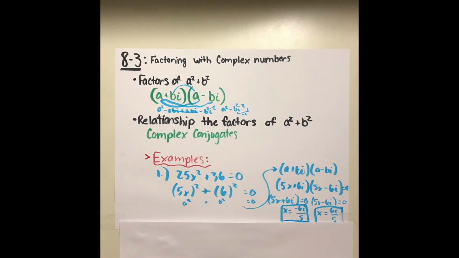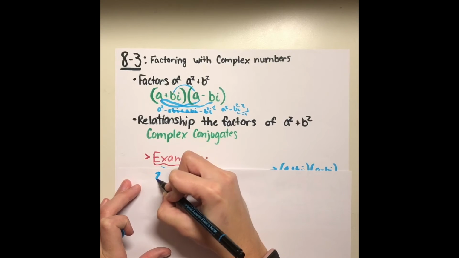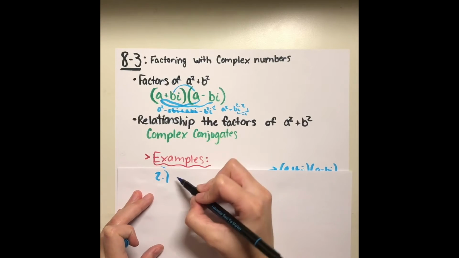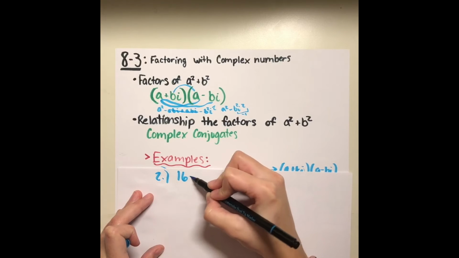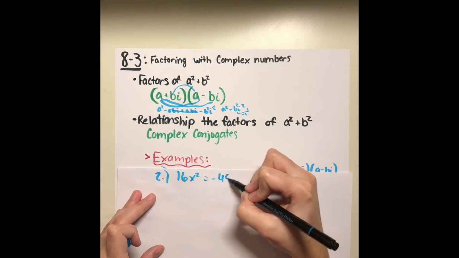Just another example I can give you. This one, it's simple, but it's going to be a little harder. Just something more to think about. Okay, so example number 2 is going to be 16x squared equals negative 49.